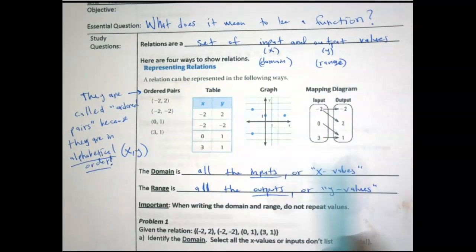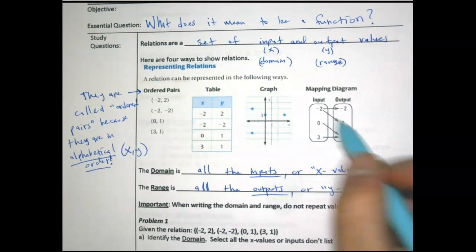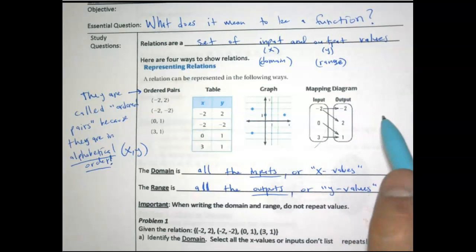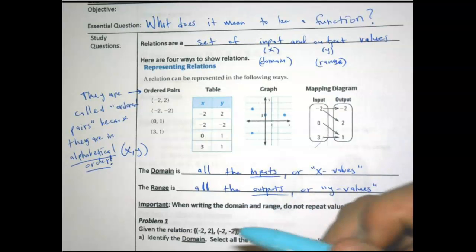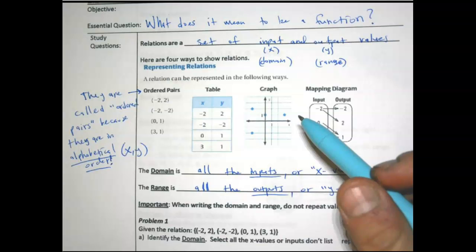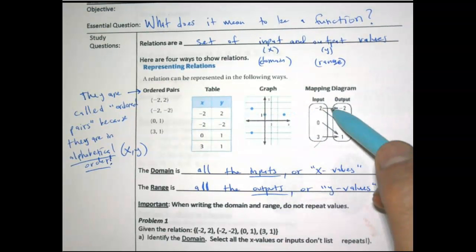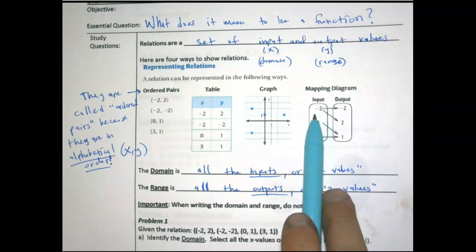And then the mapping diagram. The mapping diagram uses 2 boxes, let's say, ovals or boxes. 1 box for all the inputs, 1 box for all the outputs, and then instead of repeating any inputs or outputs, they use arrows to point at the numbers that go together. So instead of putting -2 twice over here, they put -2 once, but they put arrows at the numbers that also pair up with -2.